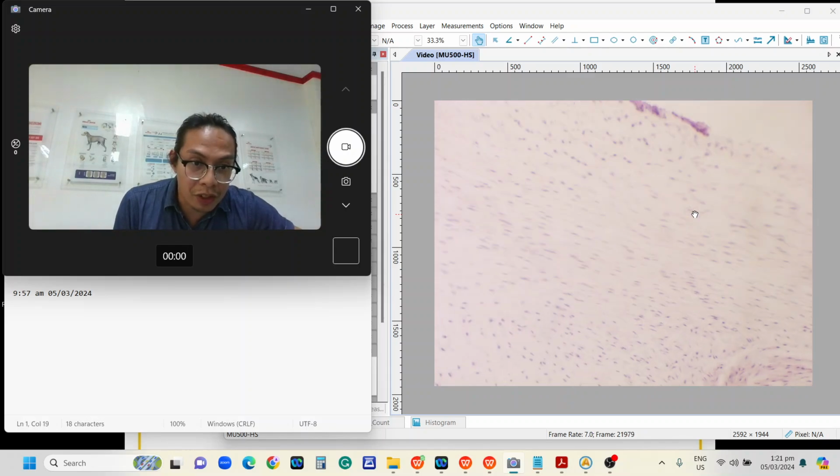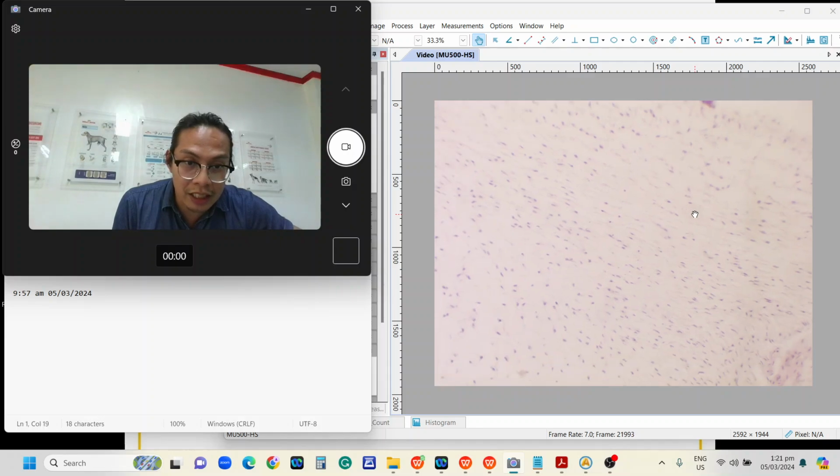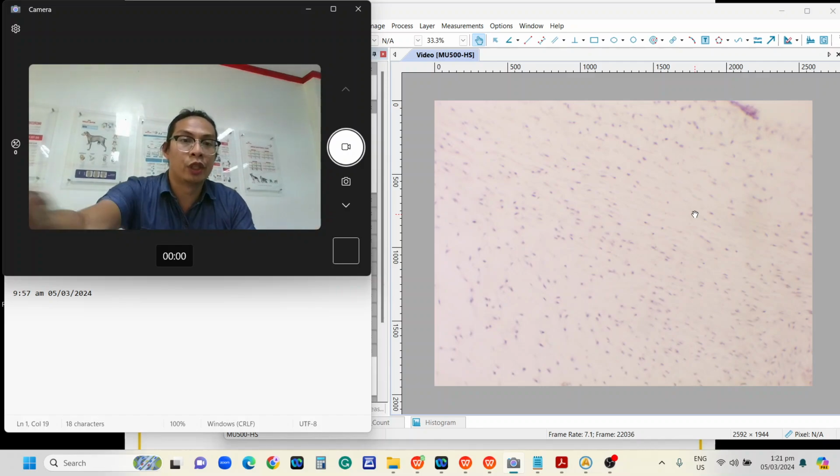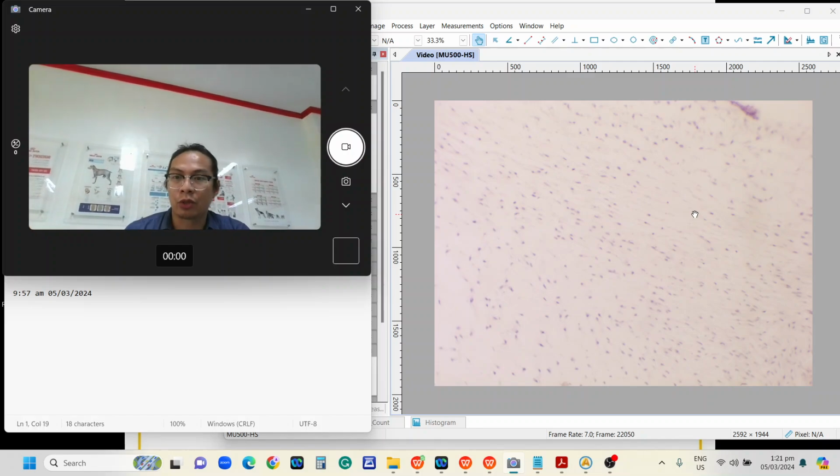So dito sa section na to, majority na lang ng ating nakikita ay mga fibroblast cells. Now, if you would see this under your microscope, mas ma-appreciate nyo na meron na din tayo nakikitang fibers, development ng fibers along with the connection of these cells. Okay? In between cells, may mga fibers na nade-develop.